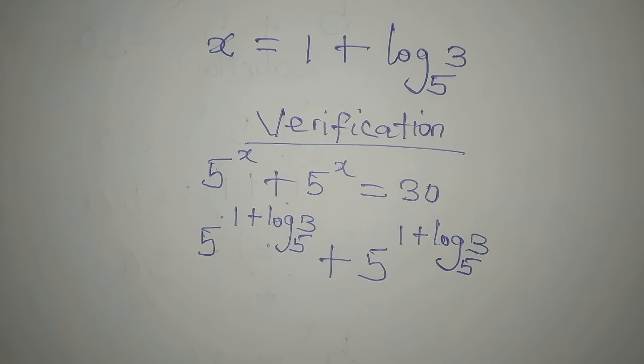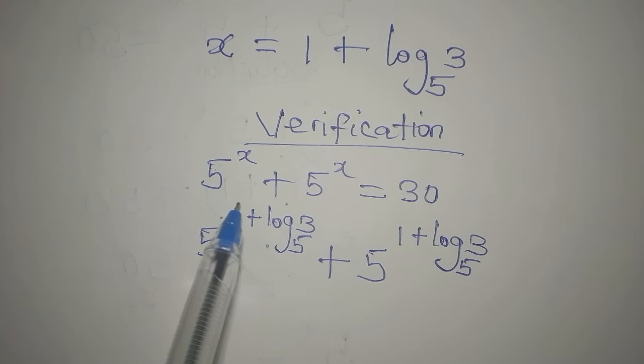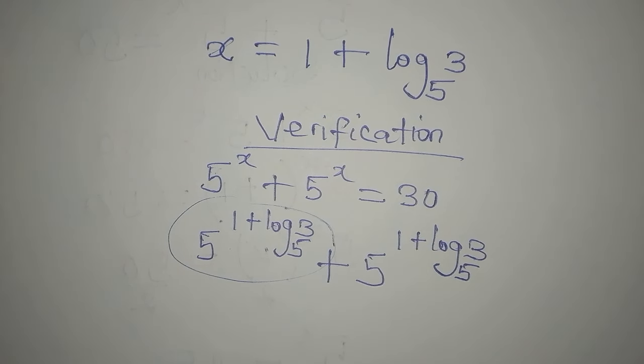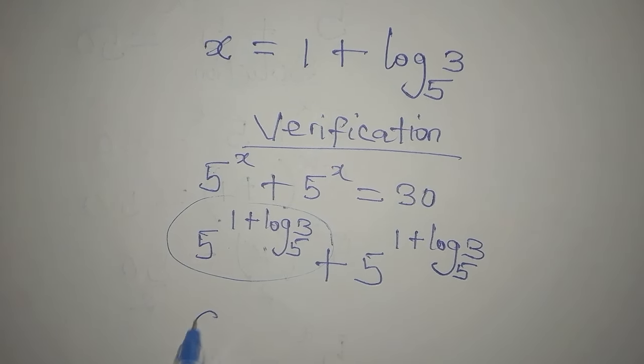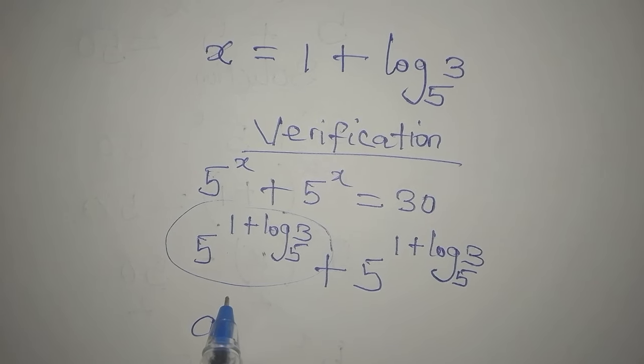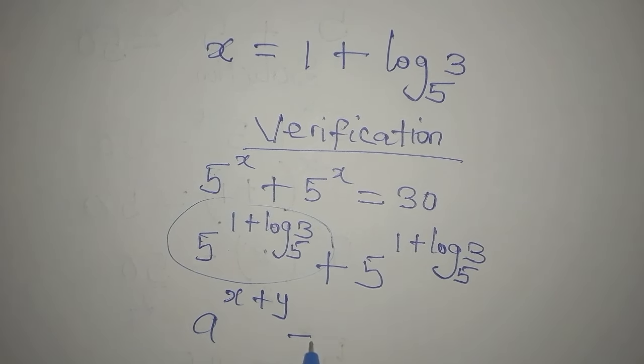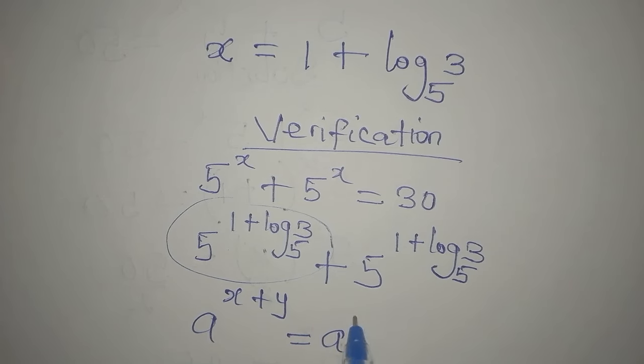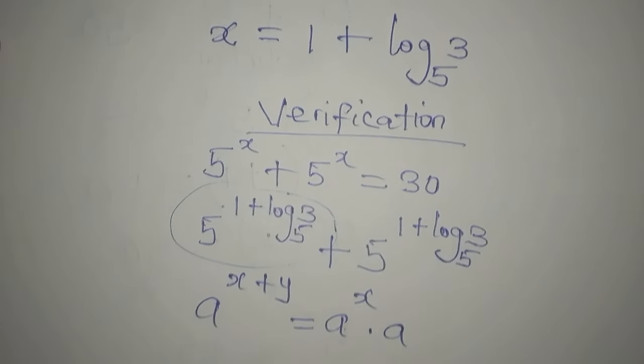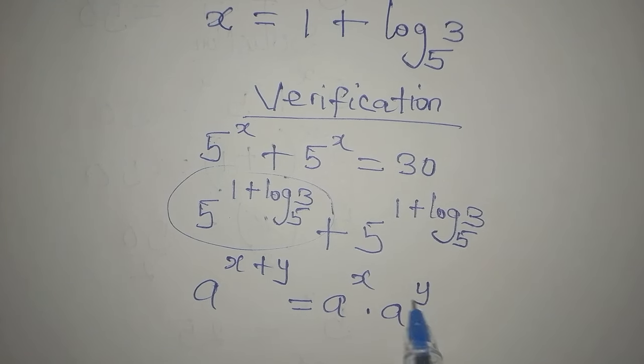So what do we do? We're going to apply a law to this. Remember that if you have a to the power of x plus y, this can be written as a to the power of x times the same a to the power of y.